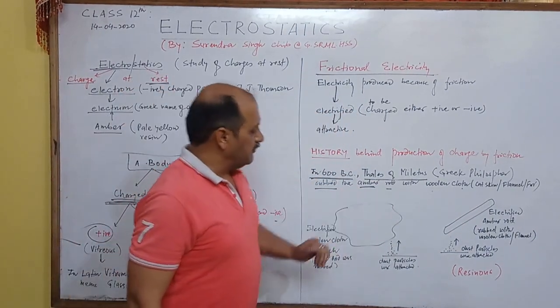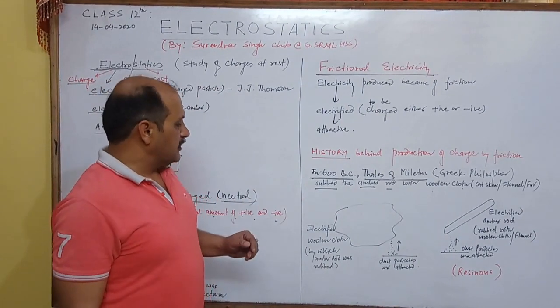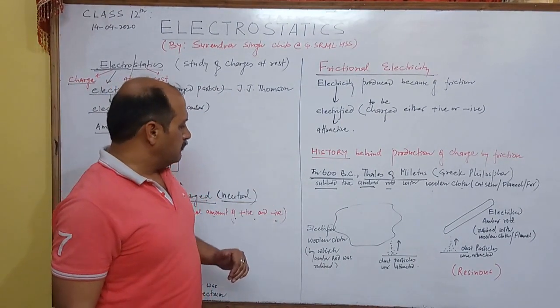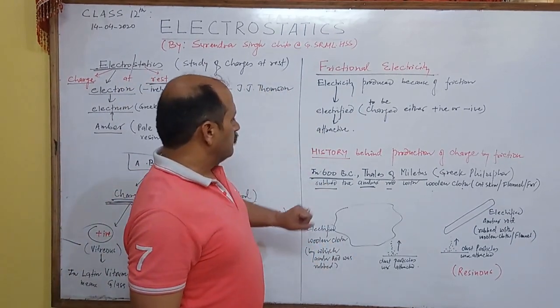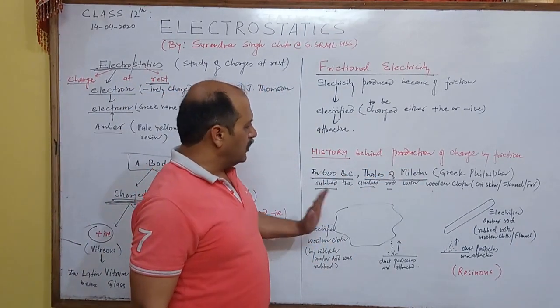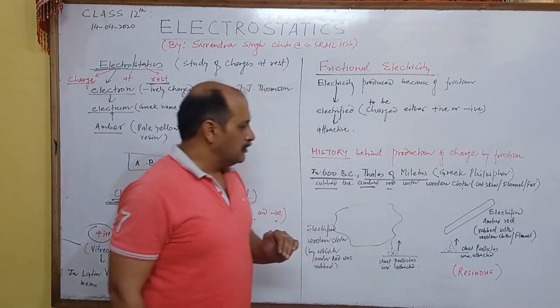How they become electrified will be explained later on by Benjamin Franklin, Dufay and other scientists around 1700 AD. Now, at that time, Thales of Miletus didn't know the science behind it, how they become electrified.